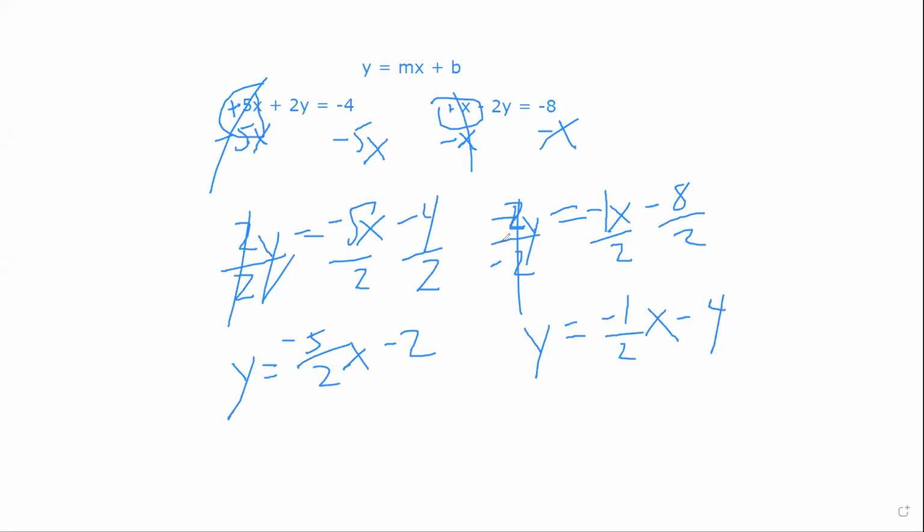Look at what I did over here. I forgot the minus sign. Ouch. So what I just said about two lines with negative slopes was incorrect because I didn't follow through with that negative 2 division.